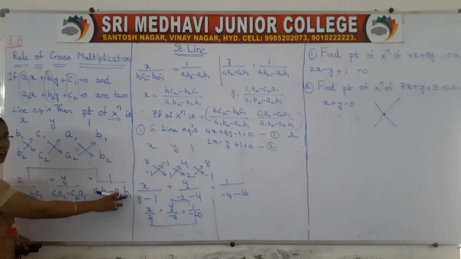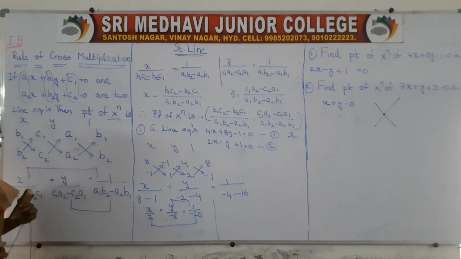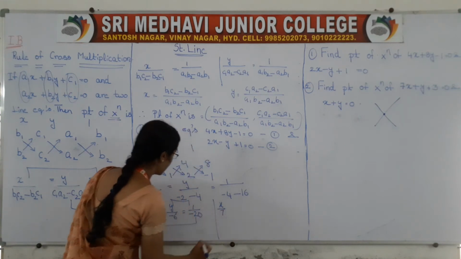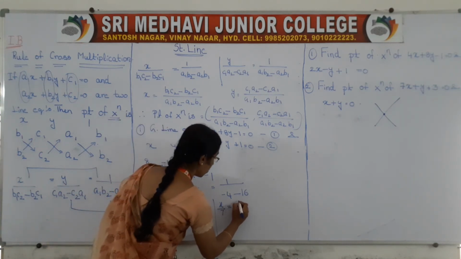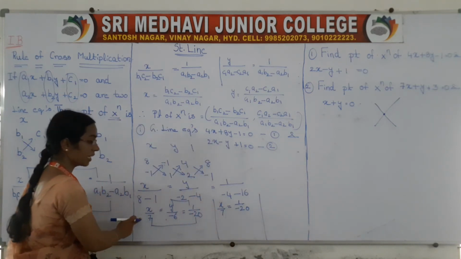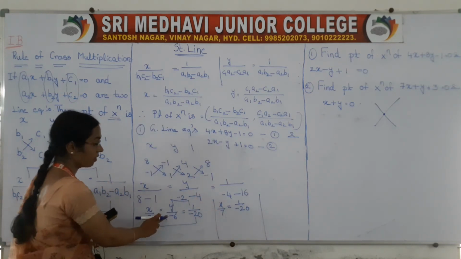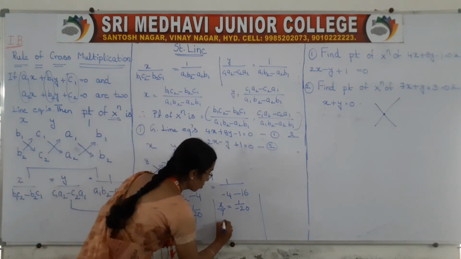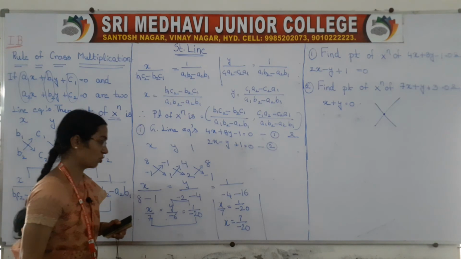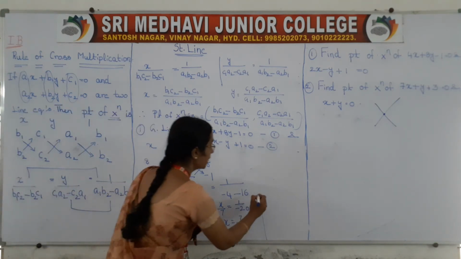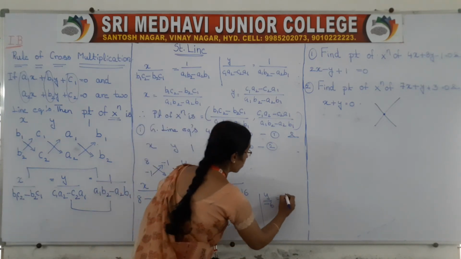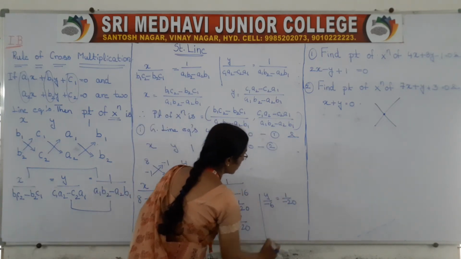So we can equate x by 7 is equal to 1 by minus 20. So x is equal to 7 by minus 20. Similarly for the y term, y by minus 6 is equal to 1 by minus 20.